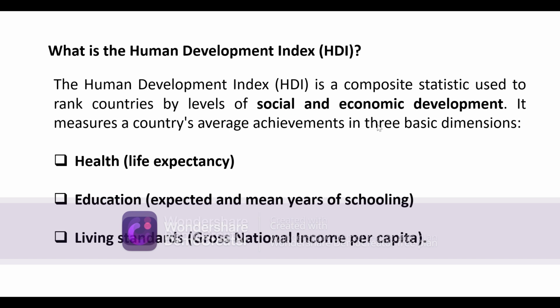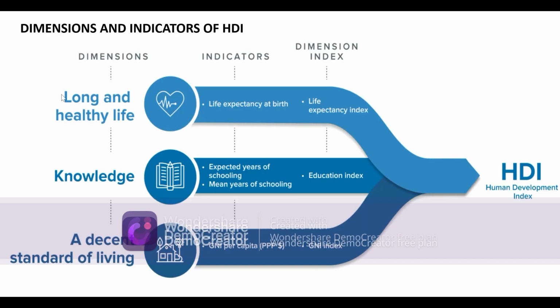where these social and economic development are health, education, and living standards. Now, these are the dimensions and indicators of the HDI. The dimensions are a long and healthy life, that is health; knowledge, that is education; and a decent standard of living. These dimensions have four indicators. The health dimension indicator is life expectancy at birth, from where we estimate the life expectancy index.